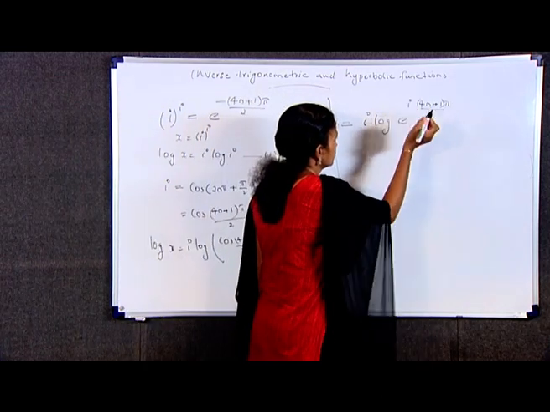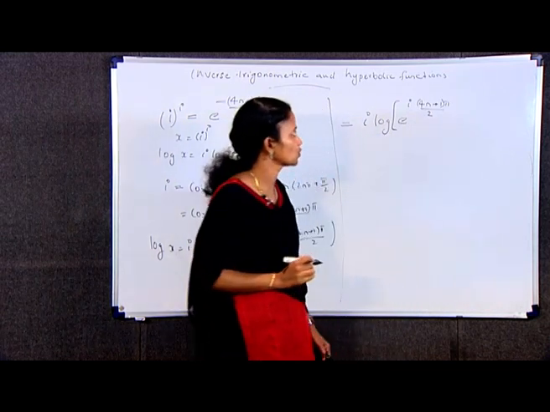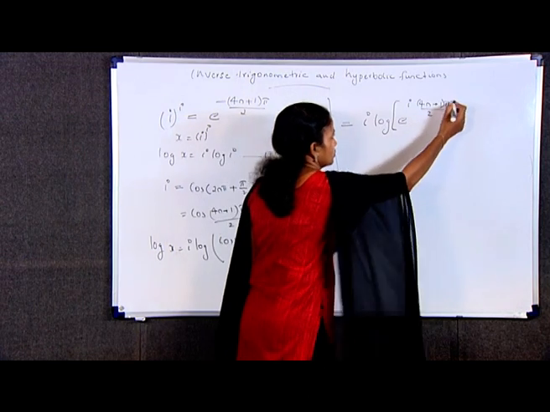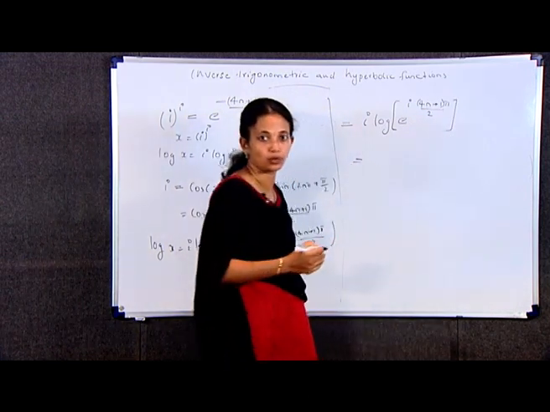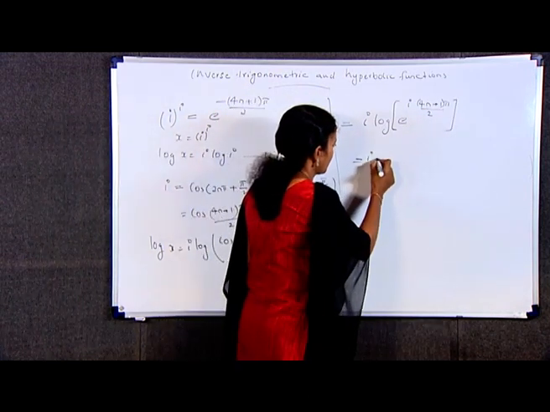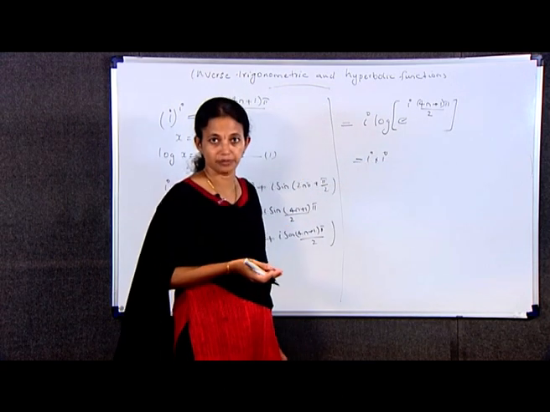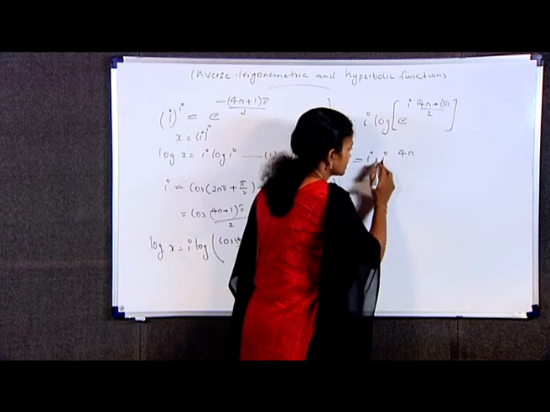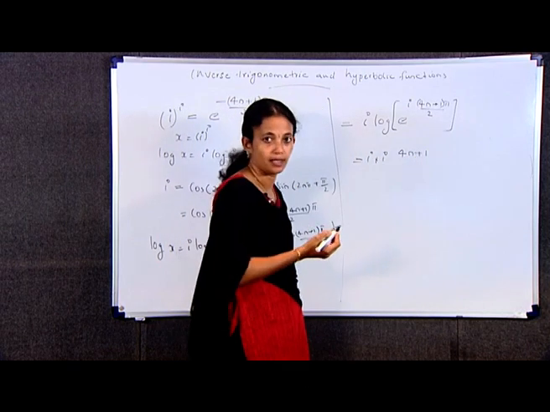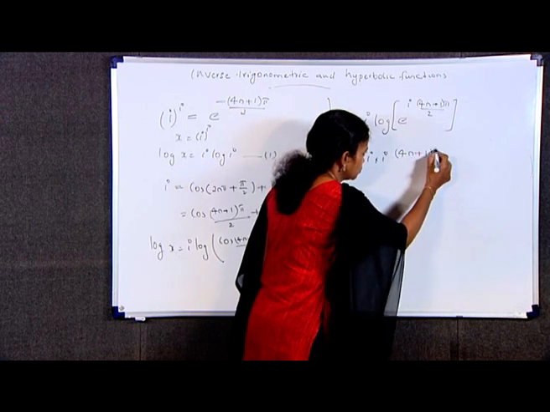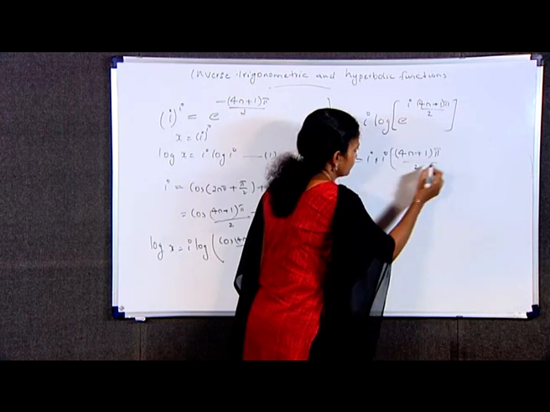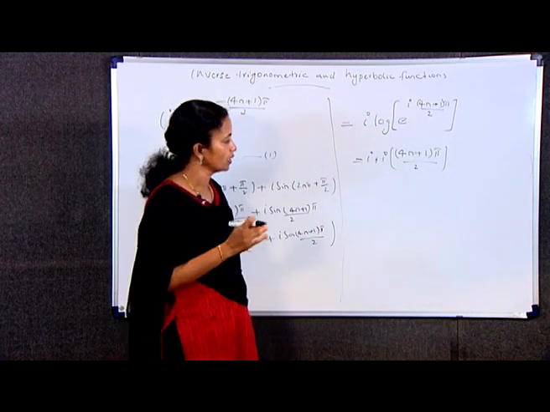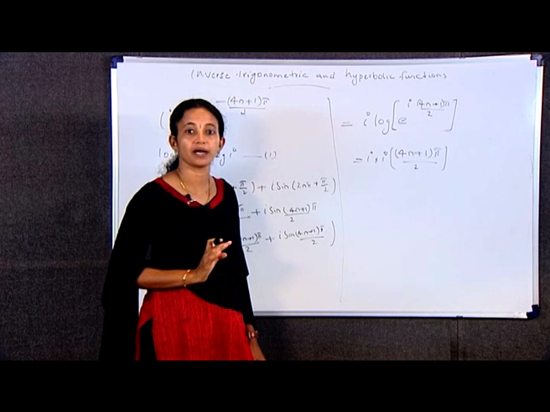Here we have e raised to i into (4n plus 1) pi by 2, which is equal to i into i times (4n plus 1) pi by 2.